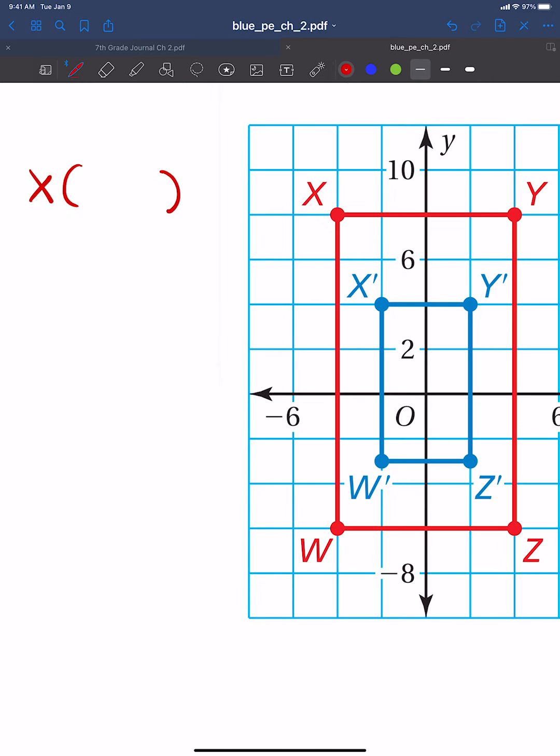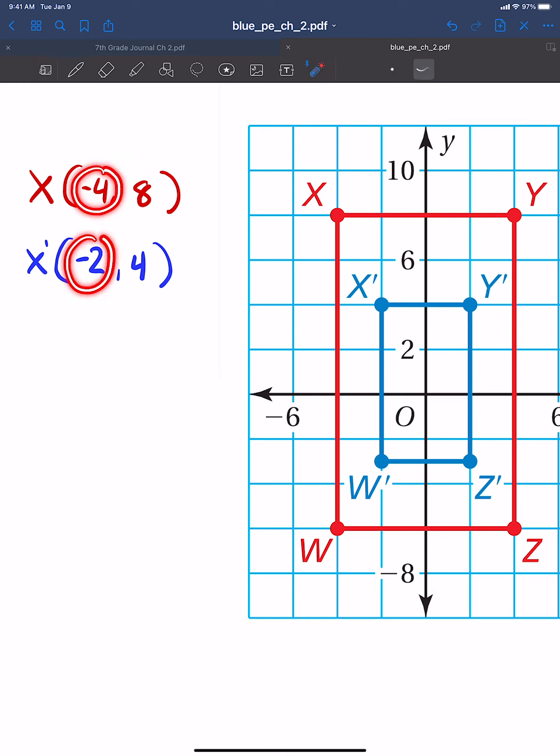So the coordinates for X are -4, 8. Now let's do the coordinates for X prime. X prime is -2, up 4. Now, let's ask ourselves, how did I get from -4 to -2?